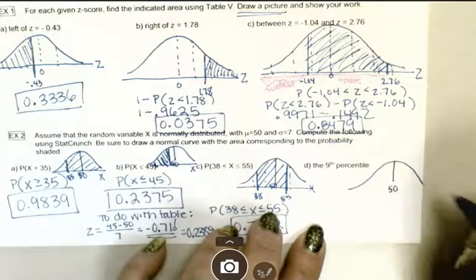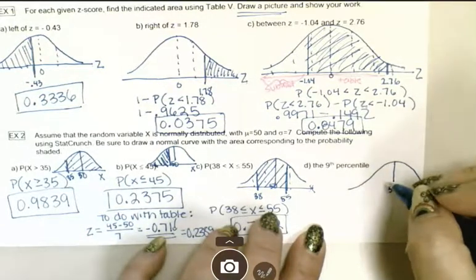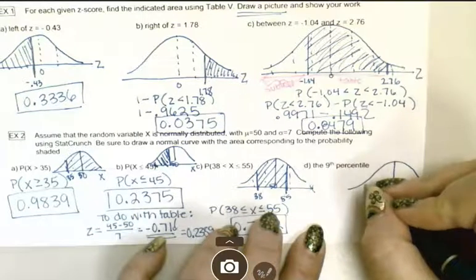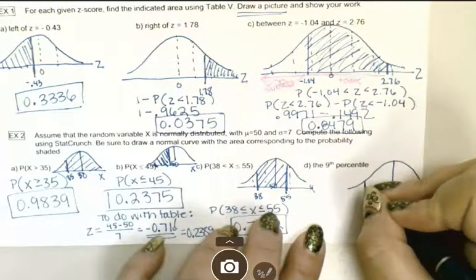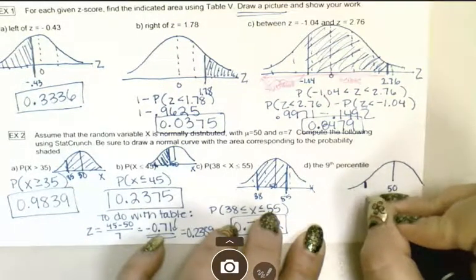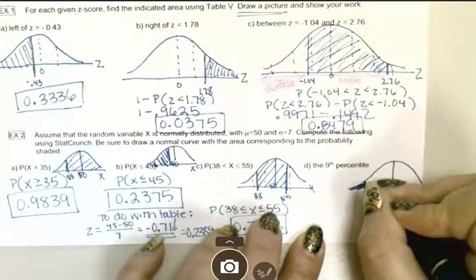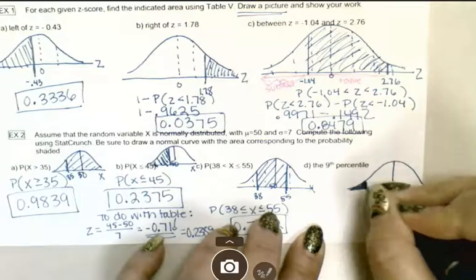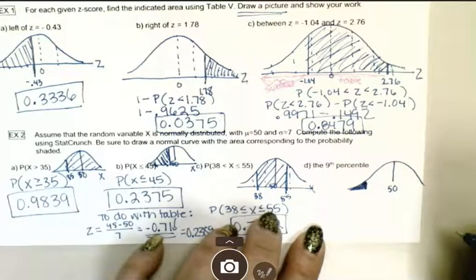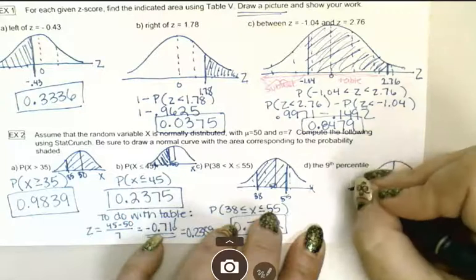So 50 is the mean in this case. The 9th percentile is going to be way down here, but it's not that this is 9. The 9th percentile means that the area or the probability is 0.09 or 9%.